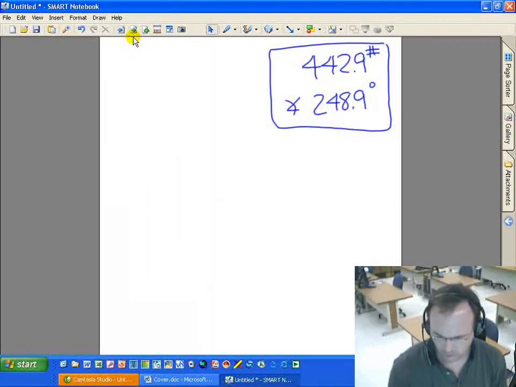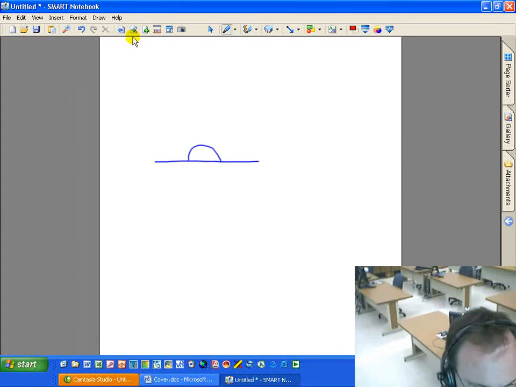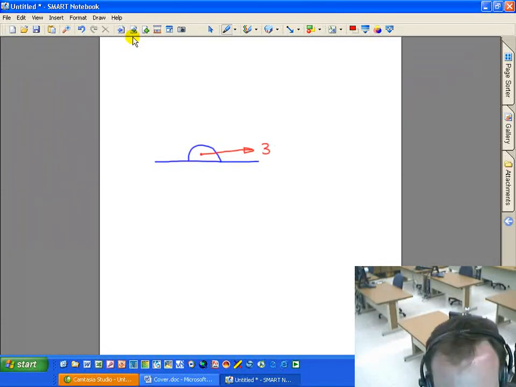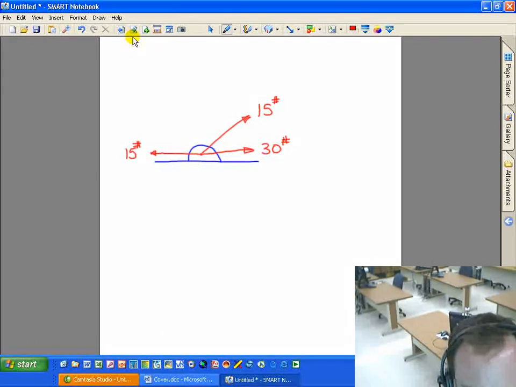Let's do one more example, and we'll pull one from the book. Let's say for this vector addition, we have a member sitting here, and from this point we have 30 pounds of force pulling this way. 15 pounds pulling up at 30 degrees.